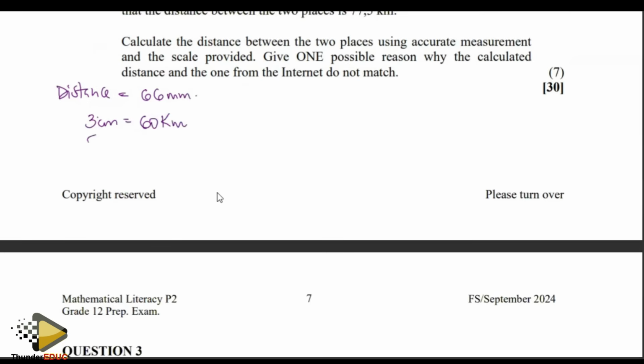So we shall divide this. This is 6.6, because I need centimeters now. 6.6 divided by 3, times 60. The distance I got here was 132 kilometers.